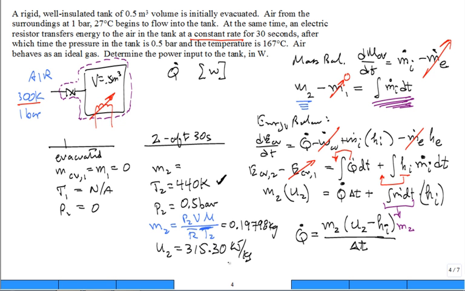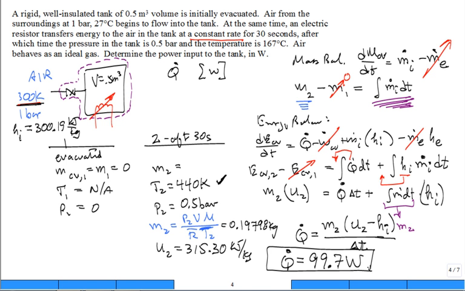Likewise, the enthalpy of incoming air at 300 Kelvin out of the same table comes in at 300.19 kilojoules per kilogram. So the subscript i for incoming and the subscript 2 for the final amount in the tank. Be careful with our subscripts, right? So we calculate that the rate at which it comes in is 99.7 watts.